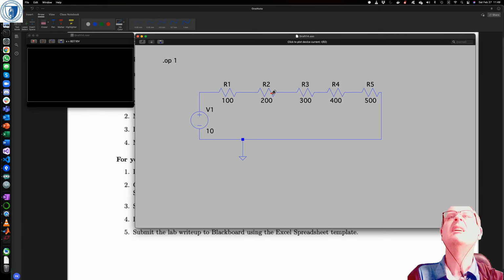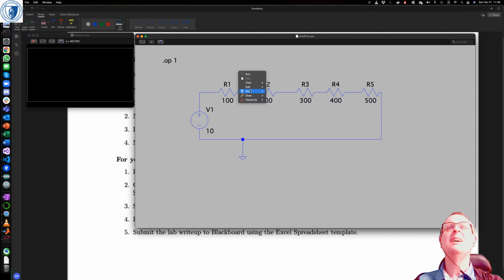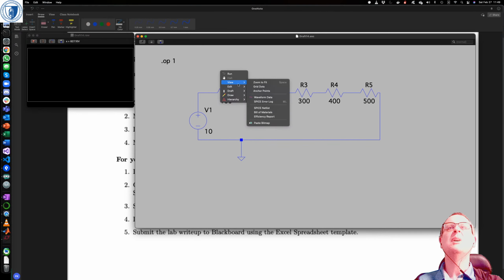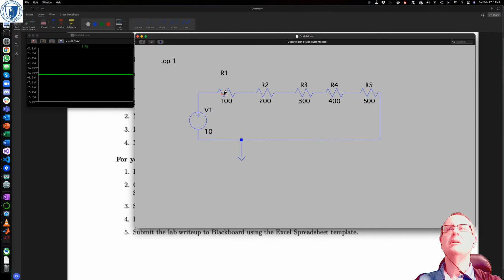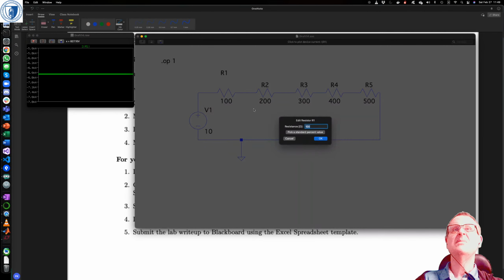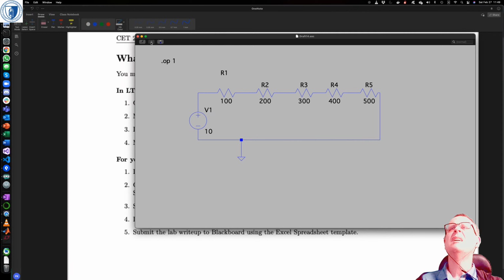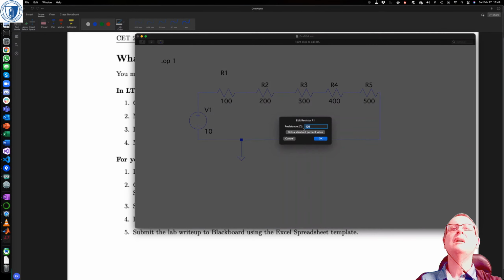And it looks like all of my currents are flowing the wrong way. So I'm going to see if I can edit them. I've forgotten how to edit it. Let me just kill that.